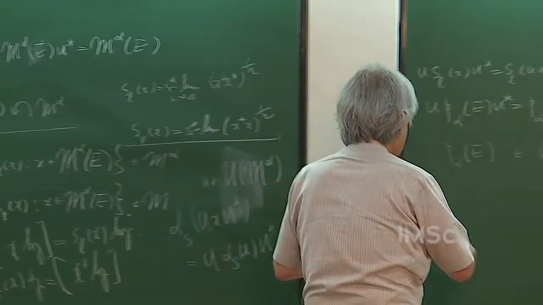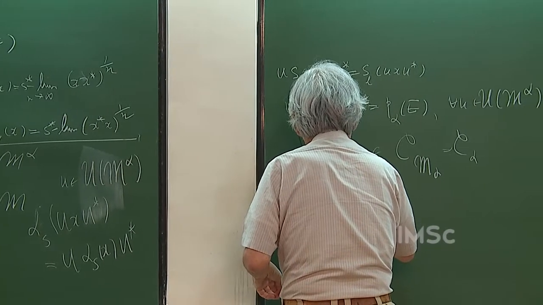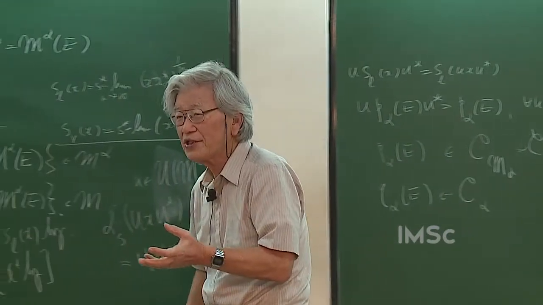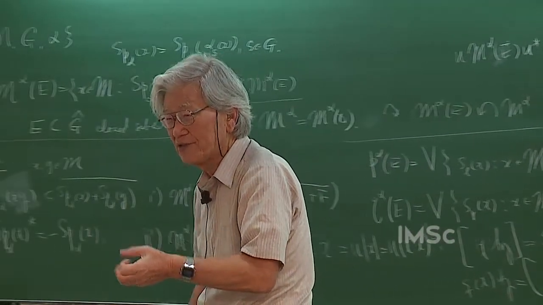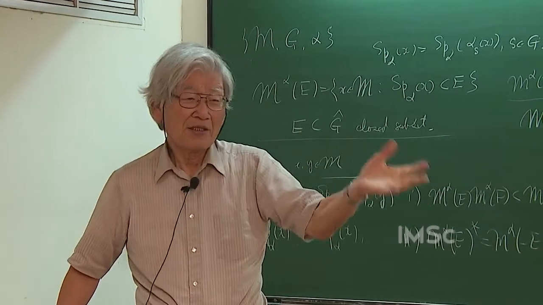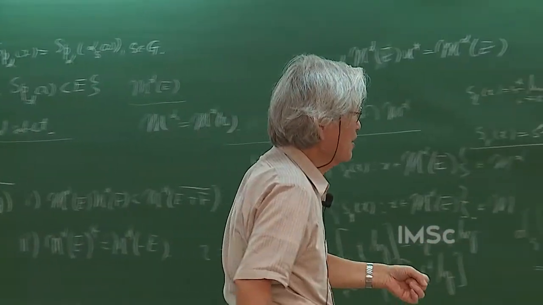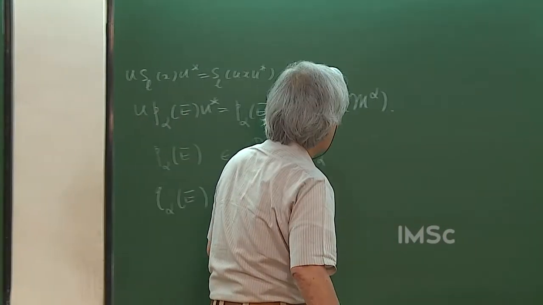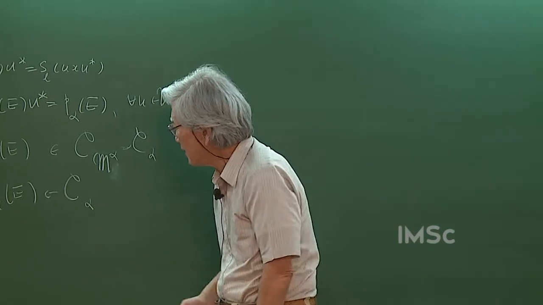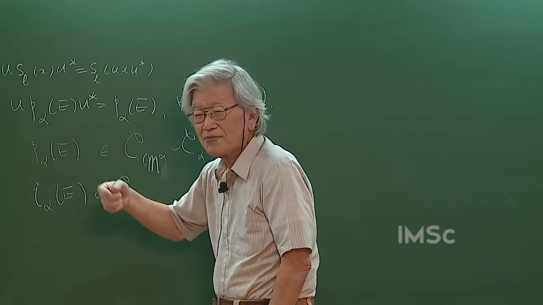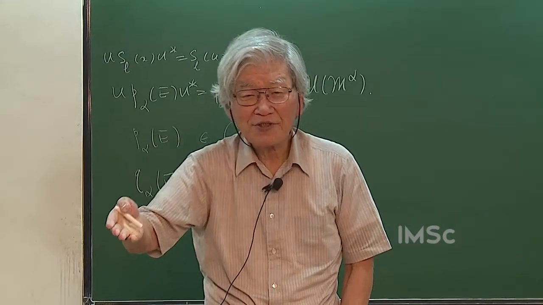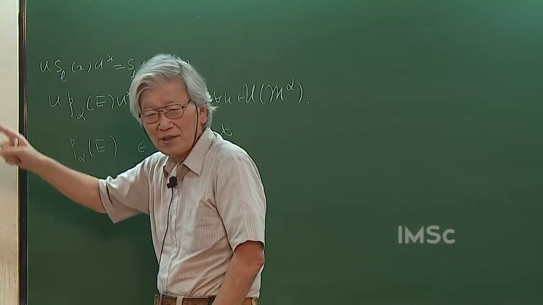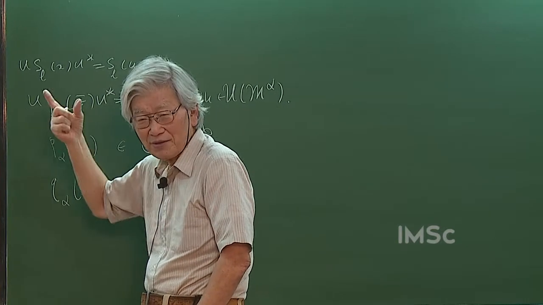And the same is true for Q alpha V. It's also a projection in the center of the fixed point algebra. If the fixed point algebra M alpha happens to be a factor, for instance, then there is no center, which means this is equal to 1, all the way equal to 1.